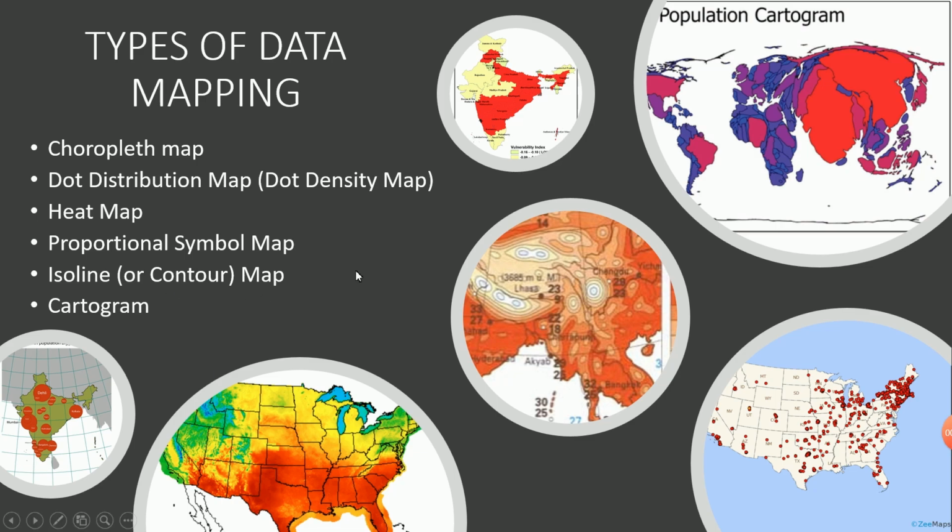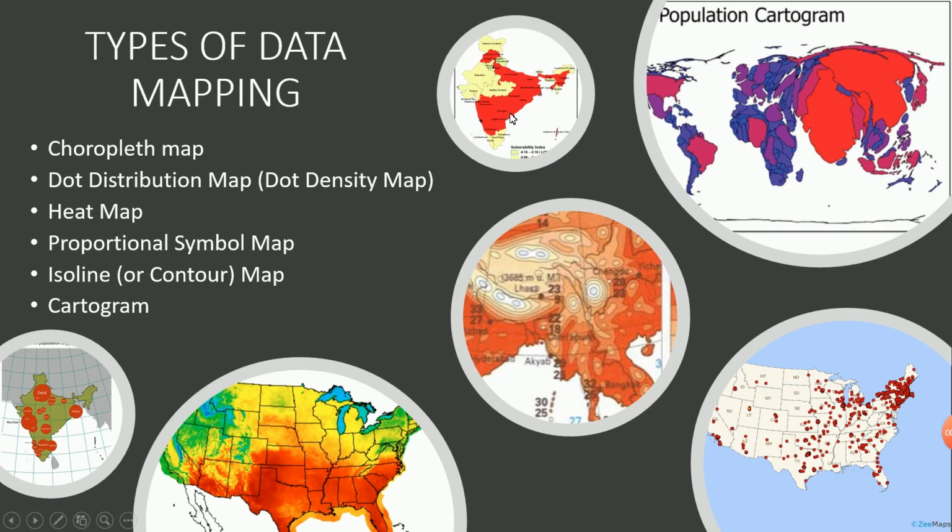Now this is the slide I have been talking about. See here, instead of explaining each term, I have given an imagery example for each thing. So these are the types of data mapping. First is choropleth map. What does a choropleth map mean? See this particular image, all the states are colored in a different manner for a certain thing, let's say literacy rate or poverty.